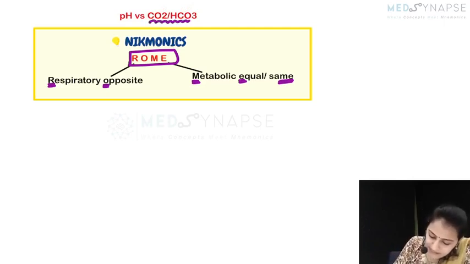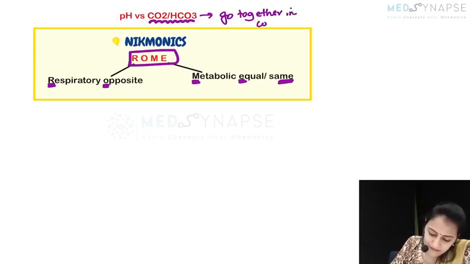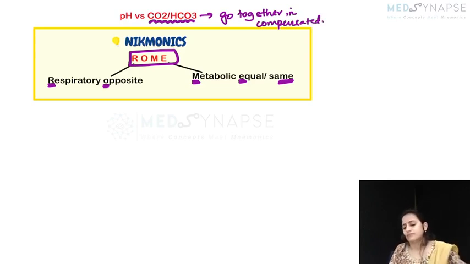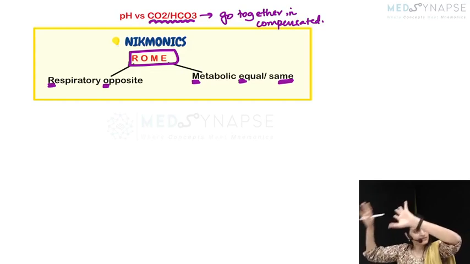Remember that PCO2 and bicarbonate go together. In compensated disorders, they go together. So if the bicarbonate is decreasing, as the compensation, PCO2 also decreases.